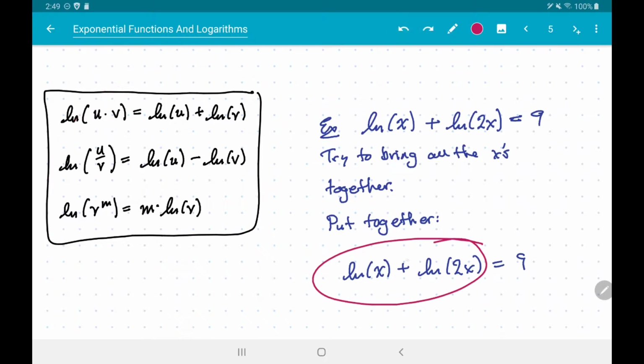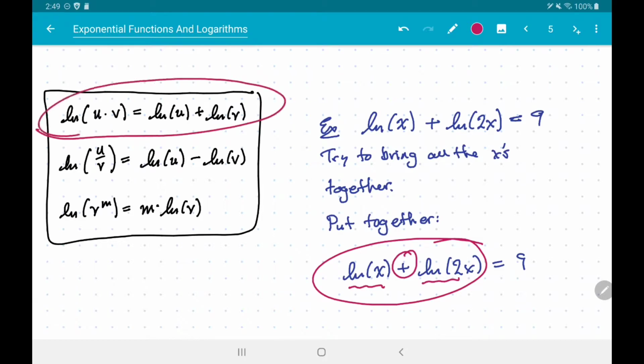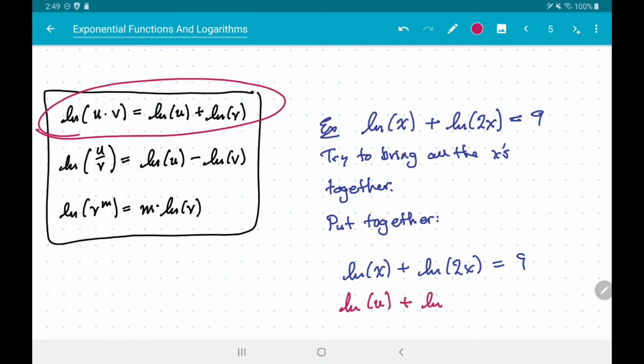We need one that has addition of logarithm of something and logarithm of something else. That means we need to use that property. So what I'm going to do is match the right-hand side, ln of u plus ln of v. So you can see everything lines up. And that is equal to ln of u times v.